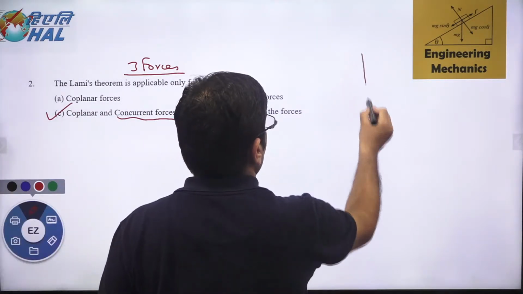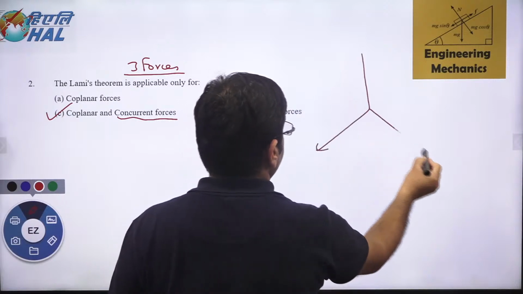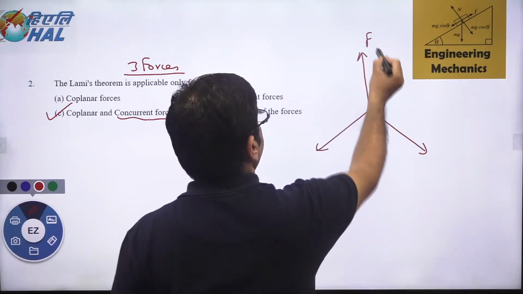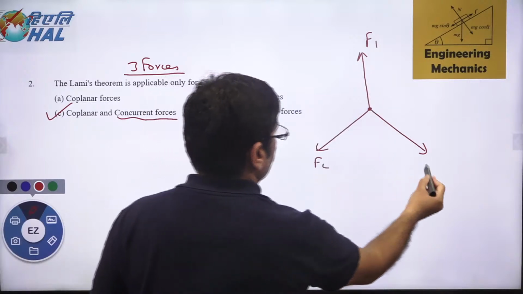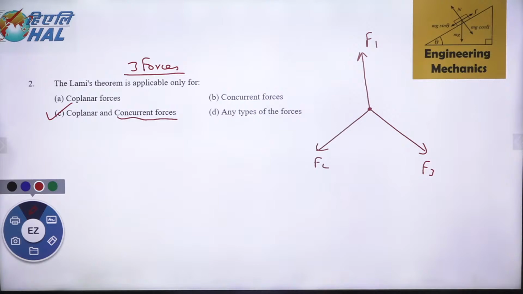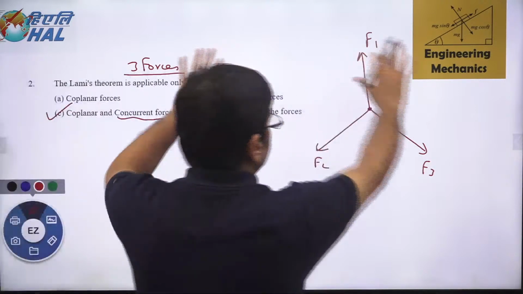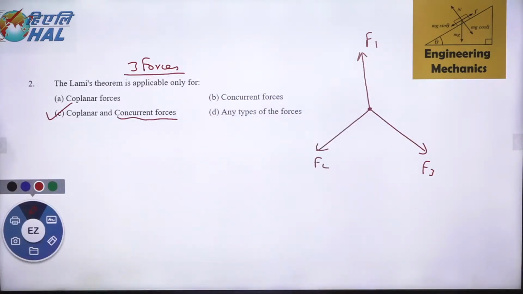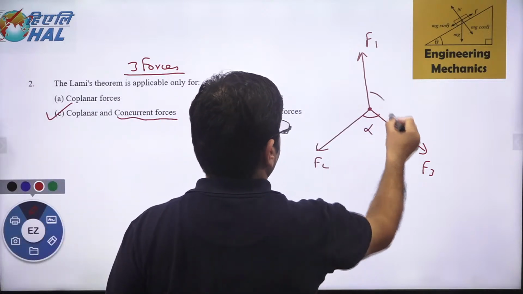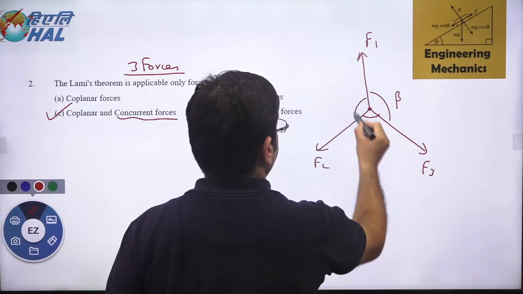That means if I give you three forces acting at a point, let us say F1, F2, F3, and these forces are in the same plane, and suppose the body is in equilibrium. Now let me give you the angles. This is, let us say, alpha, this is beta, and this is gamma.